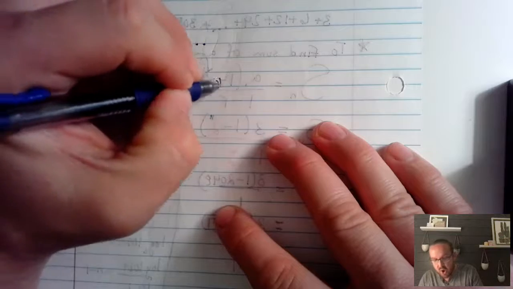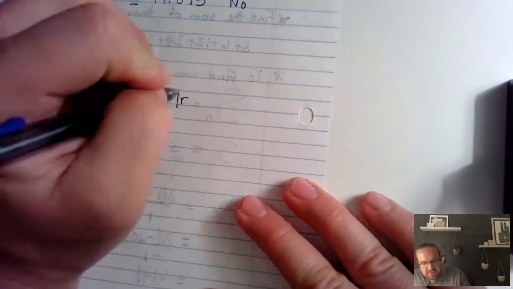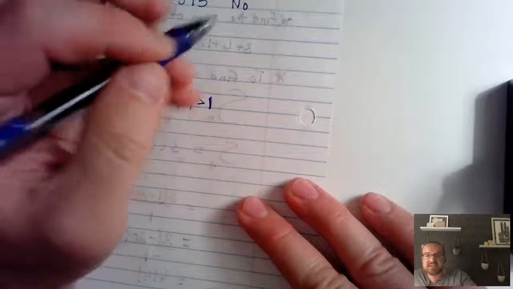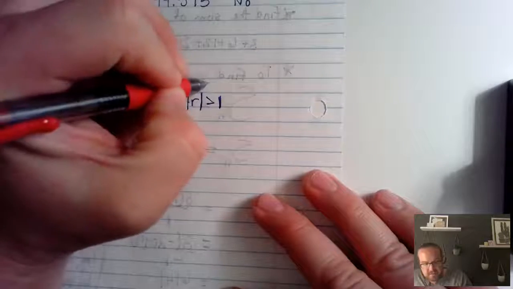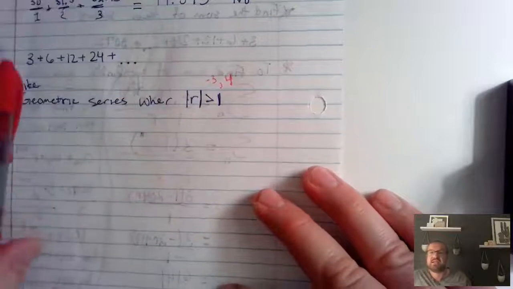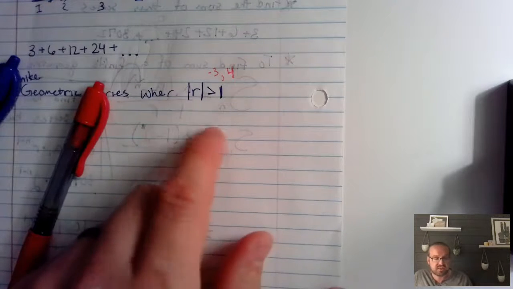The first is when r, or the absolute value of r, is greater than 1. Some examples of that might be -3 or +4, any number that's basically to the left of -1 on the number line or the right of +1 on the number line.